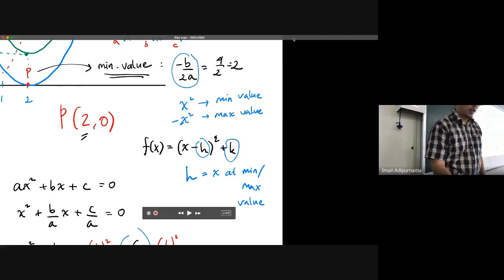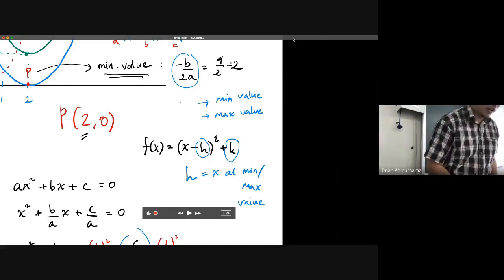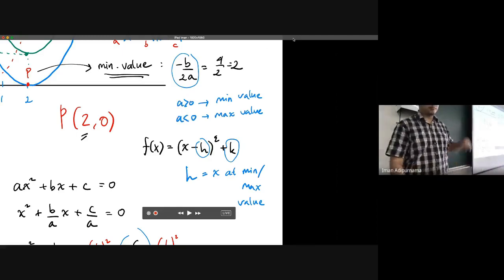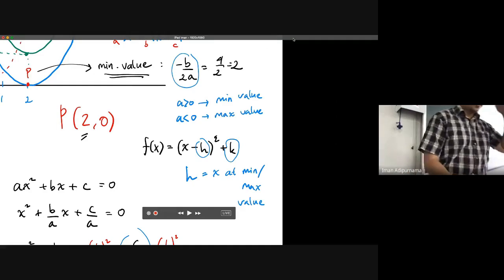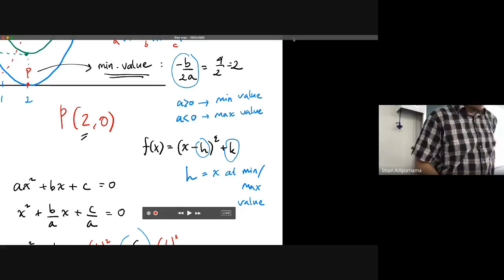Or you can say, the a is positive, or this a is negative, or maybe a is greater than 0. This is probably better. Just a small review about quadratic functions that we tried to prove.